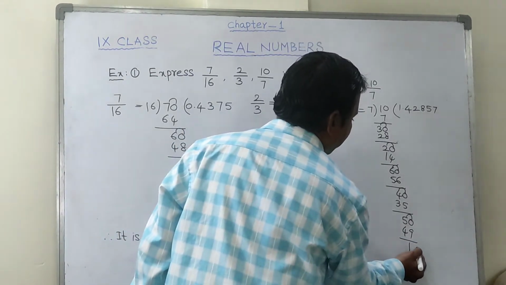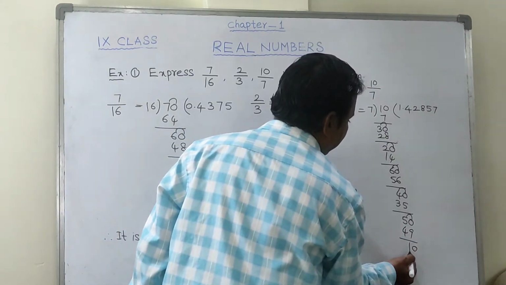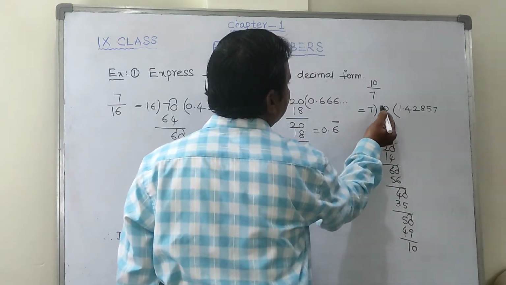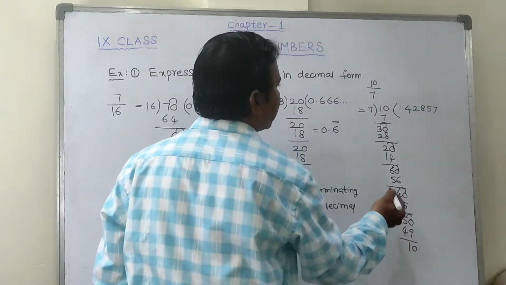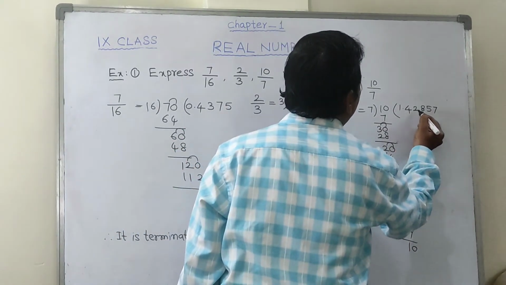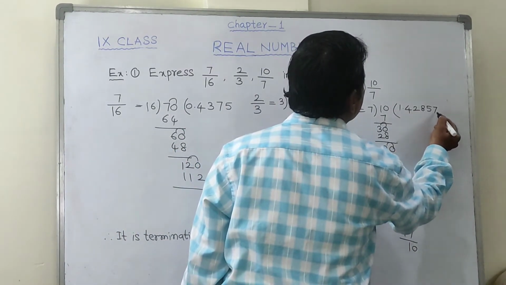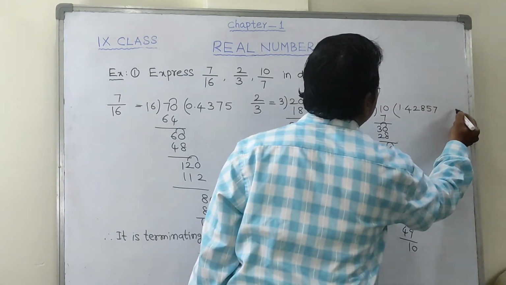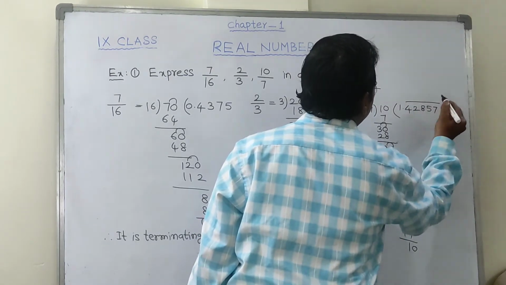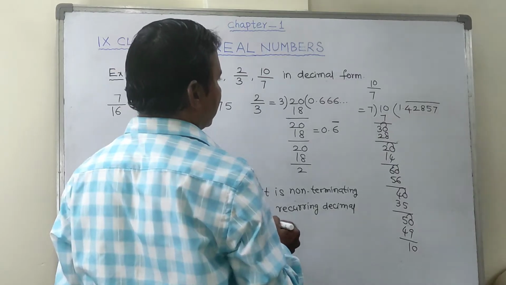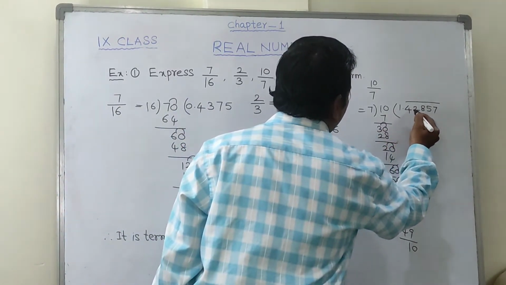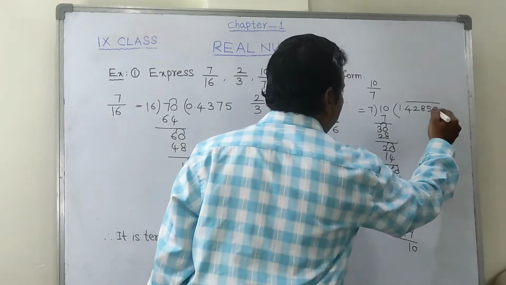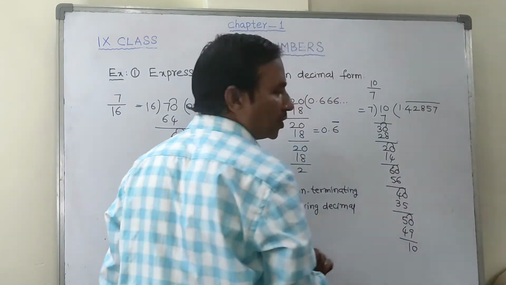Means if you add 0, 10. 10 means again it is repeating like this from here. Means if you start doing, you will be getting again 4, 2, 8, 5, 7. So instead of writing 4, 2, 8, 5, 7, you can draw a bar sign for that. It means again you will be getting the digits 4, 2, 8, 5, 7, and it continues.